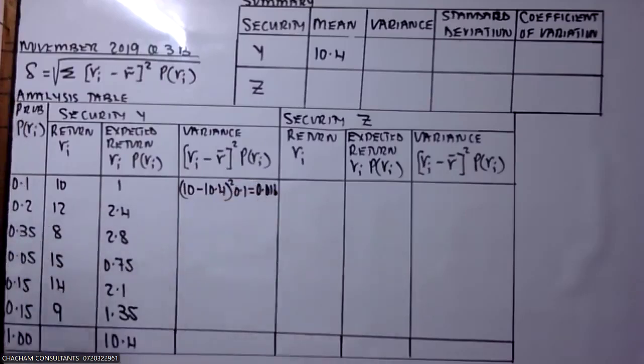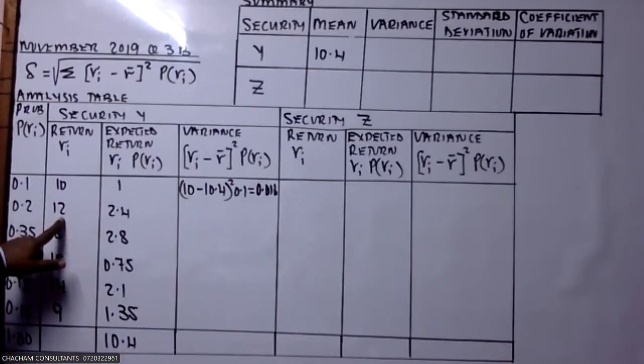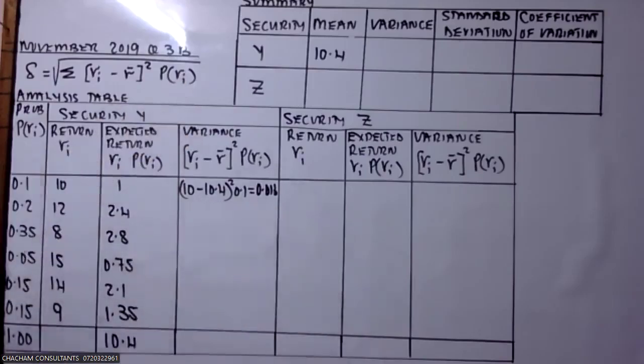So there is no need of rewriting. That's why we made the table, so that it makes our work easier. Now say 12 minus 10.4.